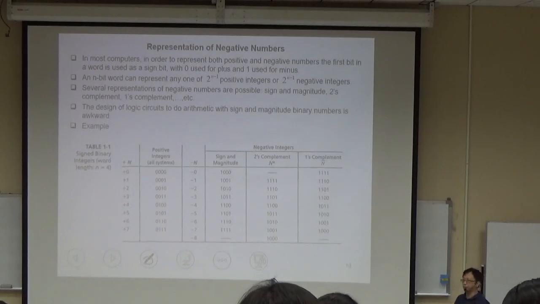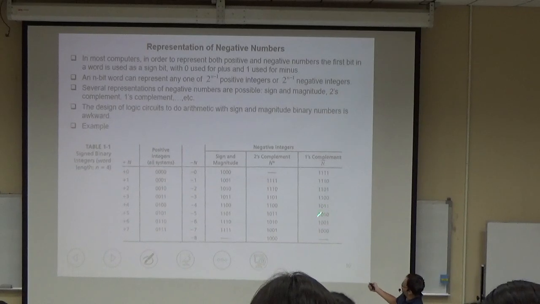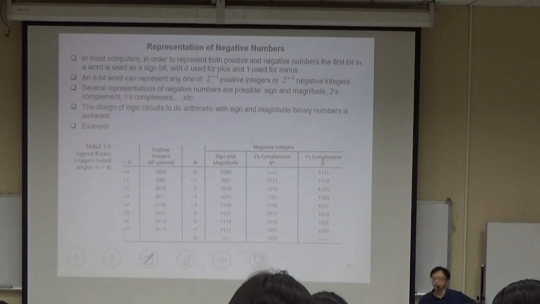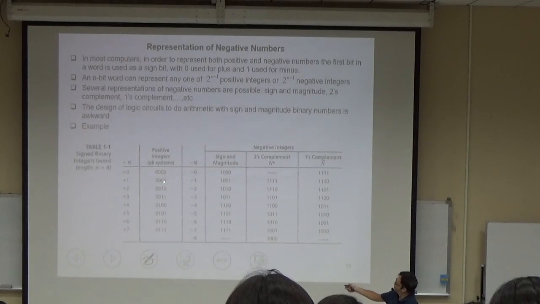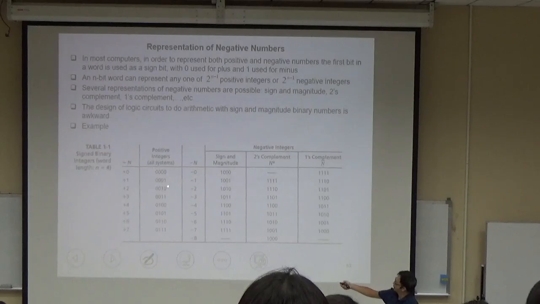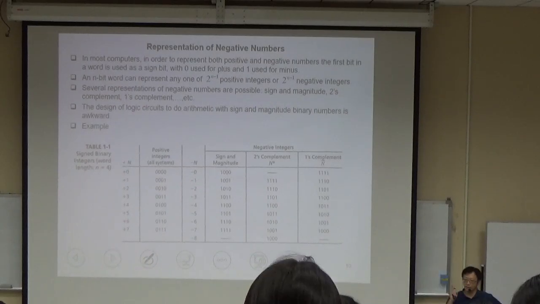The next good way: it's easier to use this mapping from the positive integer. 0 becomes 1, 1 becomes 0, this 1 becomes 0, this 0 becomes 1. That's the 1's complement.